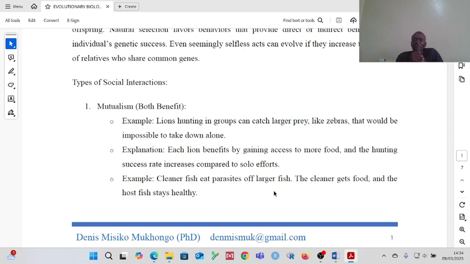But the fish from which parasites are being removed will stay healthier because there are no more parasites to keep inflicting harm to it. So those two examples exemplify how both organisms involved in this type of social interaction, which we call mutualism, are both benefiting.